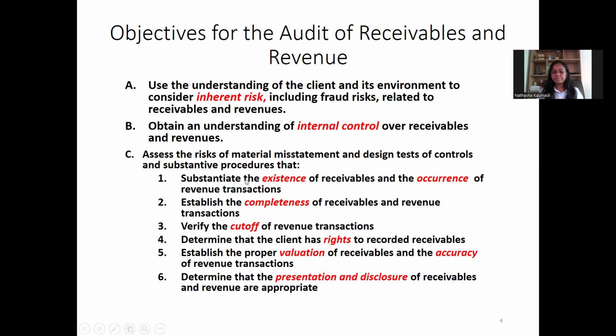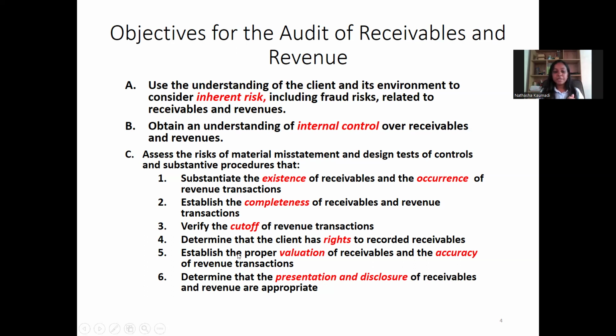Completeness means whether all the transactions that should be recorded have been recorded. There were 150 revenue transactions. Whether all these 150 transactions have been recorded. Completeness. Cutoff. Whether these transactions have been recorded in the correct accounting period.